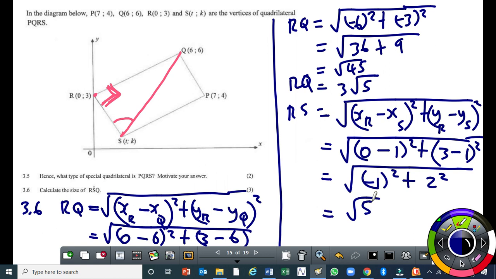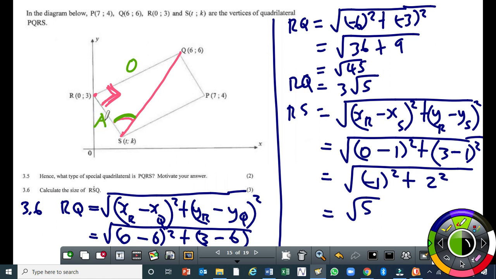So to calculate this angle, this would be my reference angle, so this would be the opposite side. My hypotenuse is SQ. I don't need that. I've got my RS, which is going to be my adjacent side.